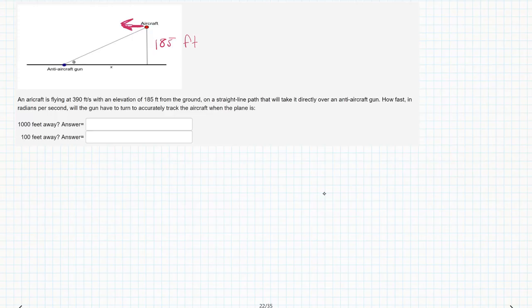The aircraft is going in the x direction, so dx dt, assuming that direction is positive, is equal to 390 feet per second.